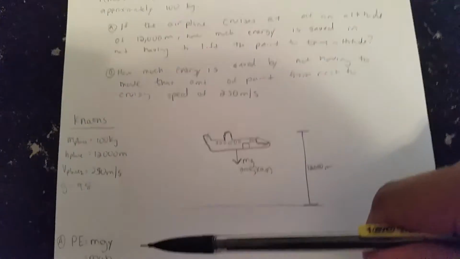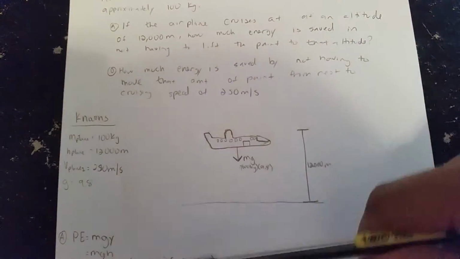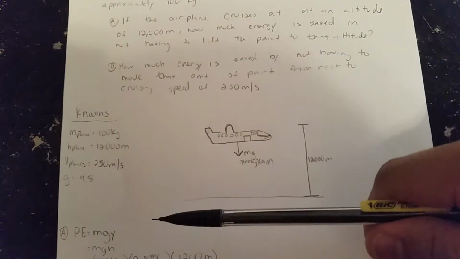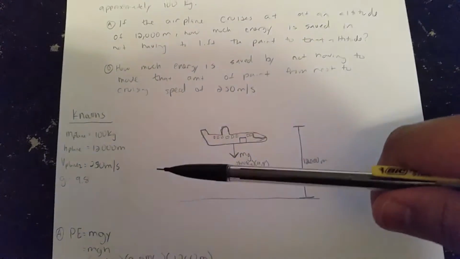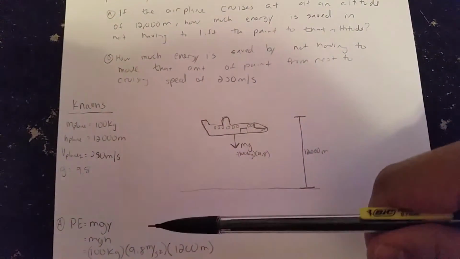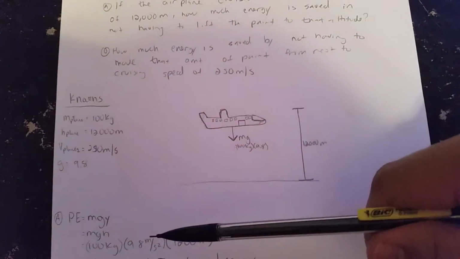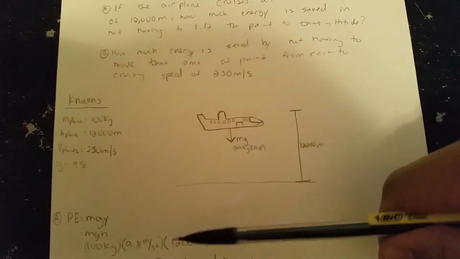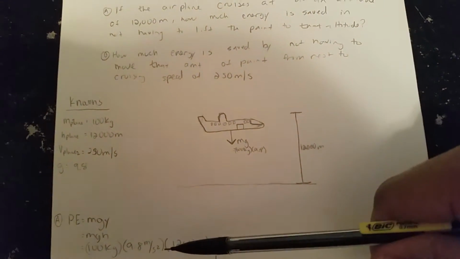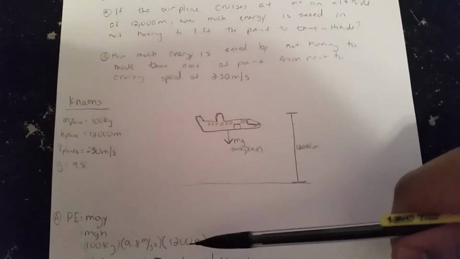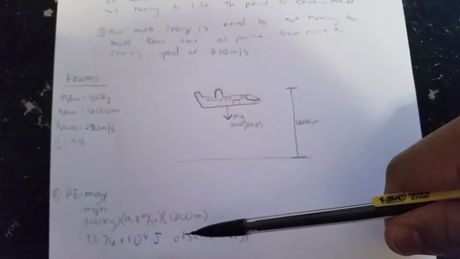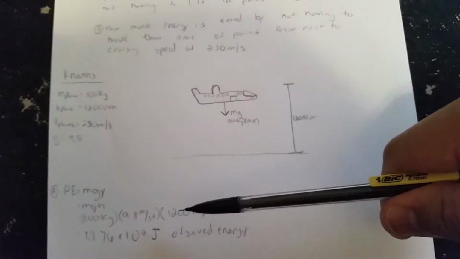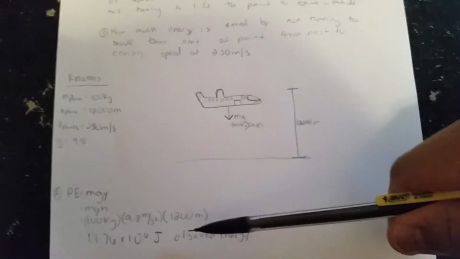The y can be considered as h, the height, because it's going up and down in the y-axis. So we can plug in our numbers. We can plug in 100 kilograms times 9.8 meters per second squared times 1,200 meters, and that gives us 1.176 times 10 to the 6 joules of saved energy.